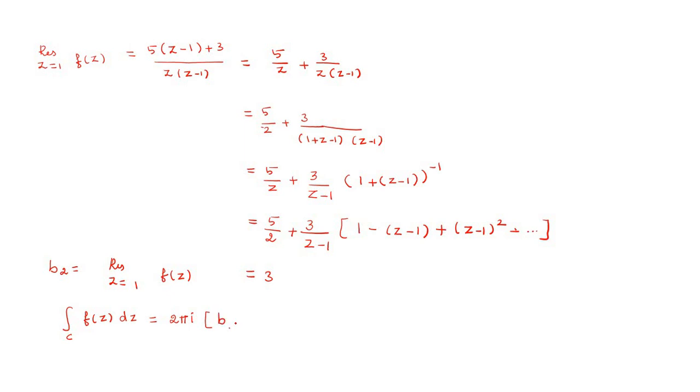So the sum of the residues here is B1 plus B2, which is equal to 2 pi i into, B1 we already found as 2, and B2 is 3. So therefore 2 plus 3, which is equal to 10 pi i.